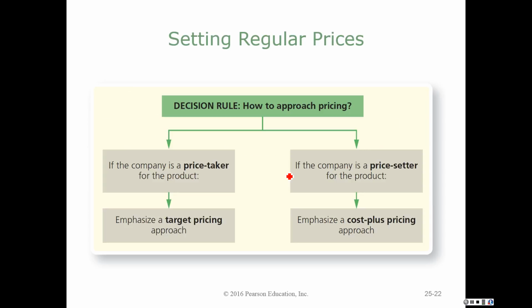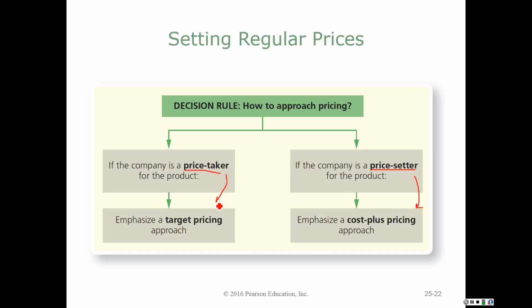So when we're trying to make these decisions, it really depends on what type of market you're in. A market where you're a price taker or a market where you're a price setter. And if it's a price setting market, then yes, we could potentially determine what our costs are, add our profit as markup.